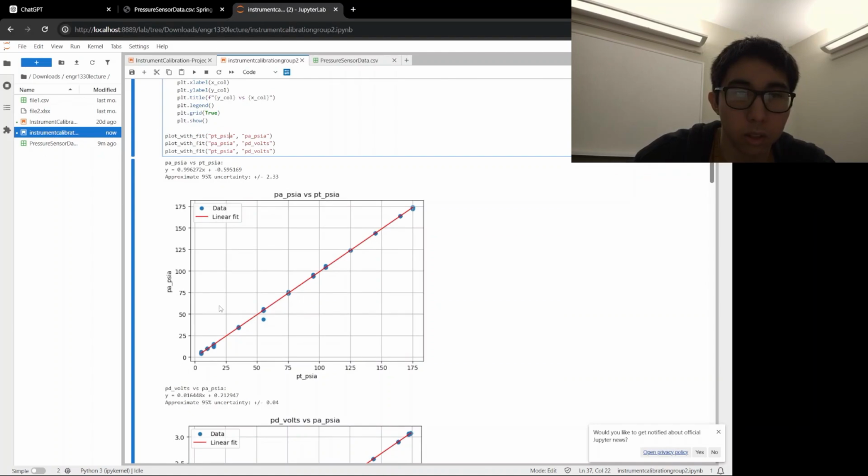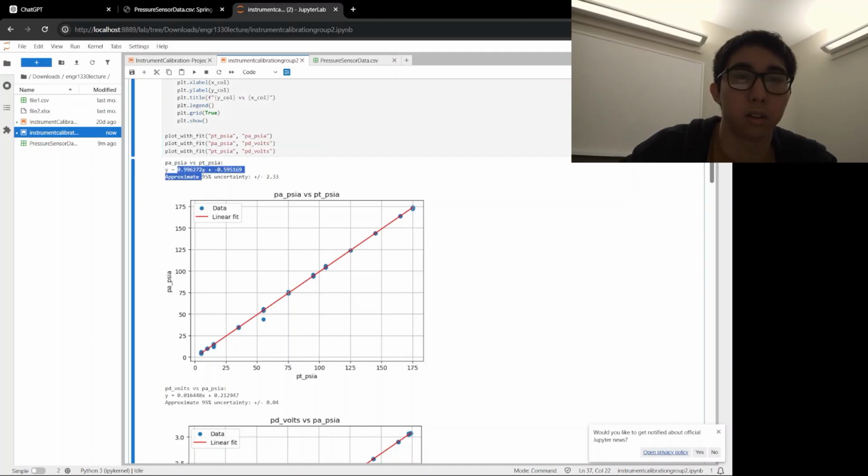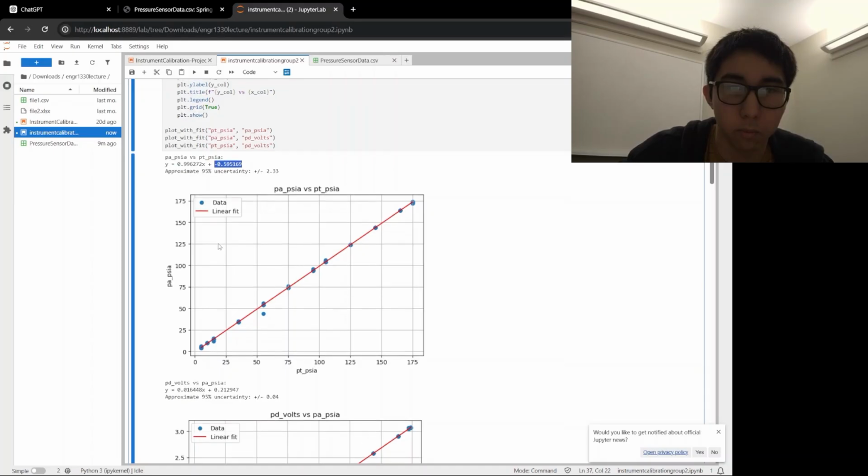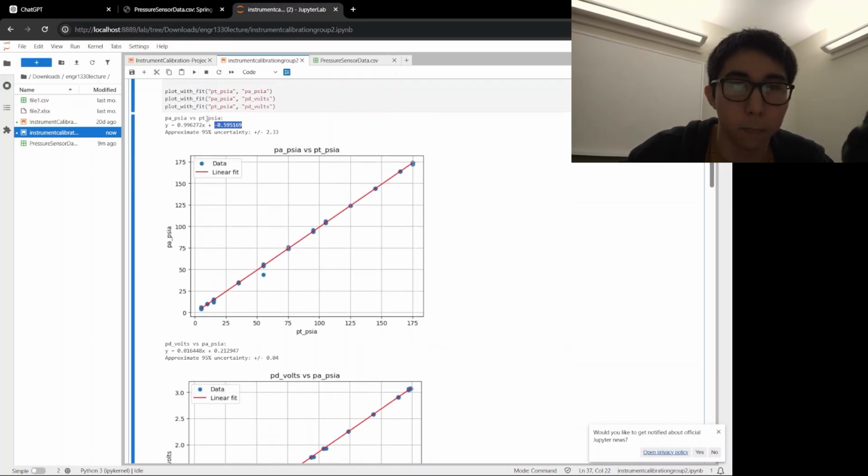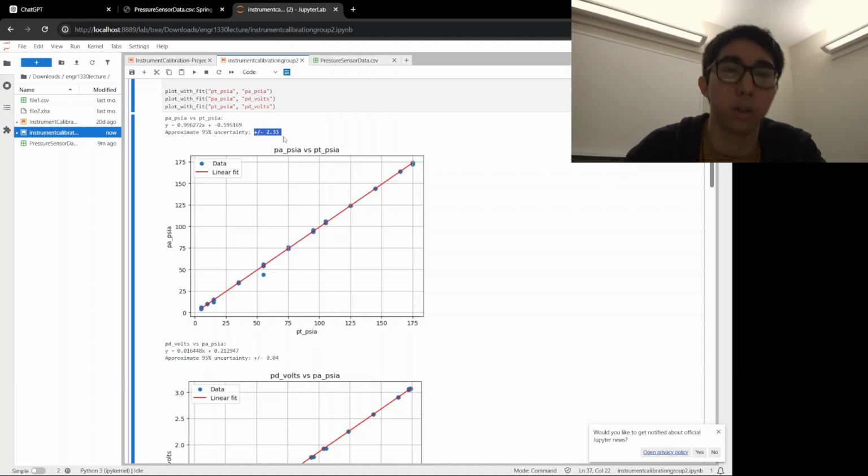And then we found the y equals mx plus b formula. They're almost 1-to-1, with m almost equal to 1 and a very small b value. It also returns the error or uncertainty level. It's like plus or minus 2.33.